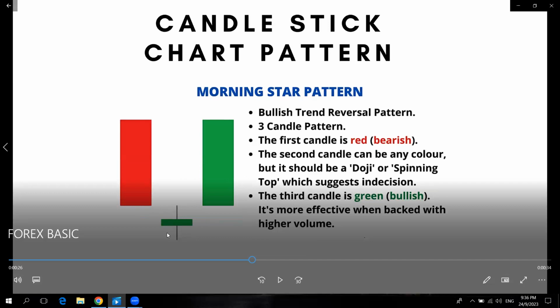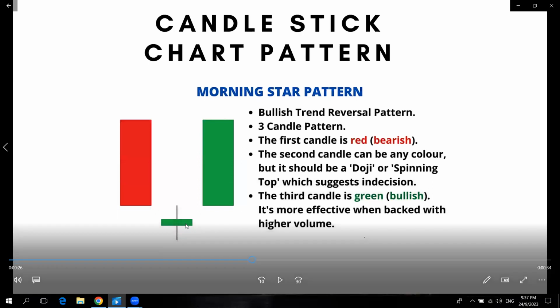Basically, a doji candle is an equilibrium candle where we have long shadows on the top and bottom, and the candle closes in the middle, and it will look something like this. In another sense, a doji candle is also a sign of reversal. It's not a really solid confirmation, but it's a sign of reversal.